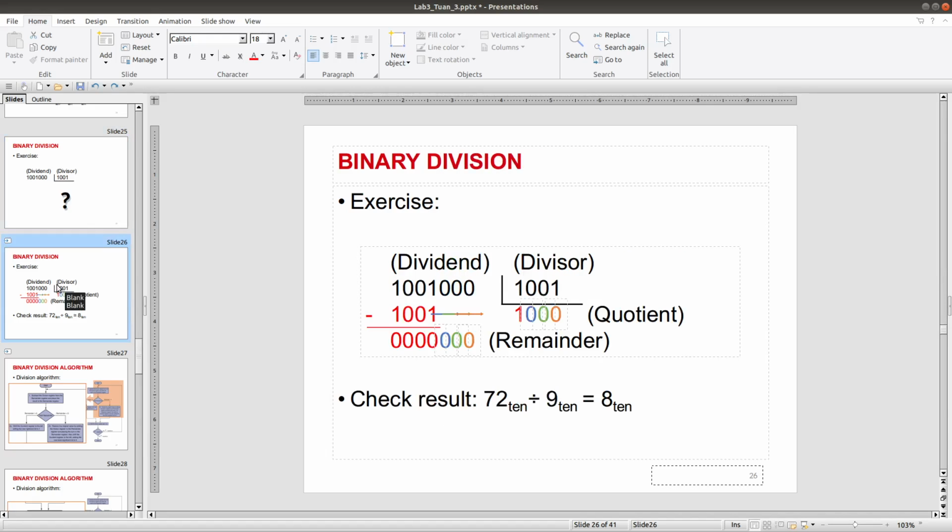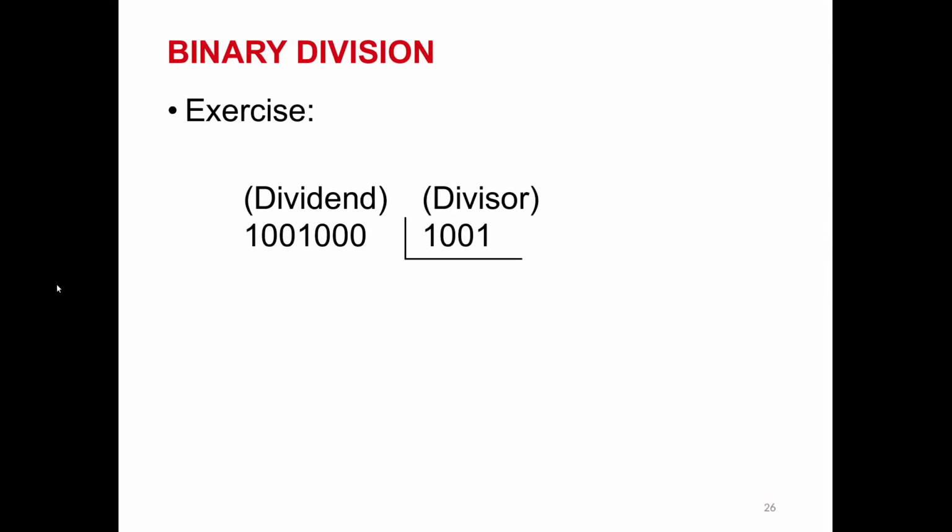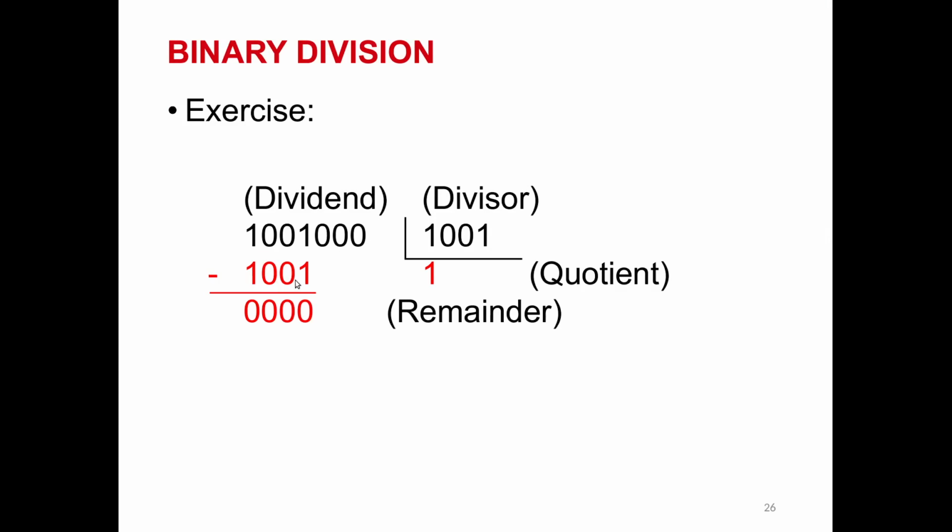Here, for example, we know that at each time the divisor is located from here, and at each step, it will need to shift one bit further to the right, and the quotient will appear, and the remainder keeps the same location like this.